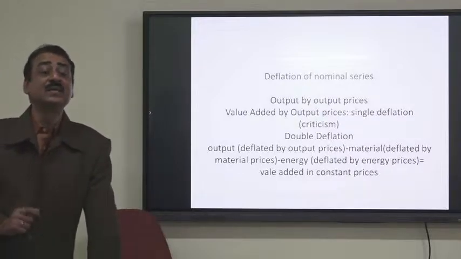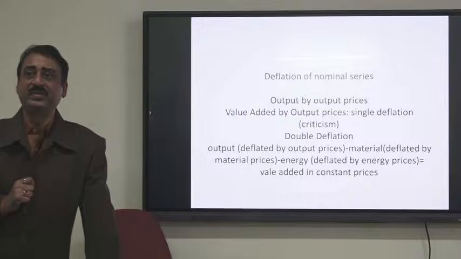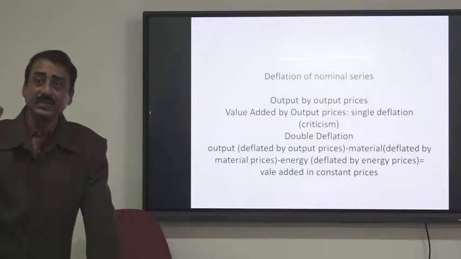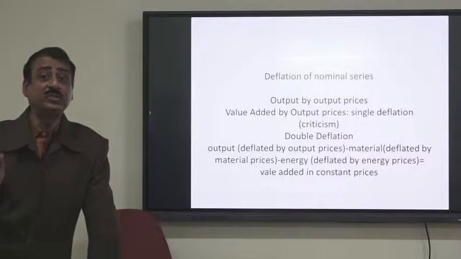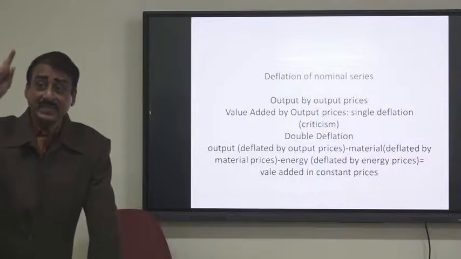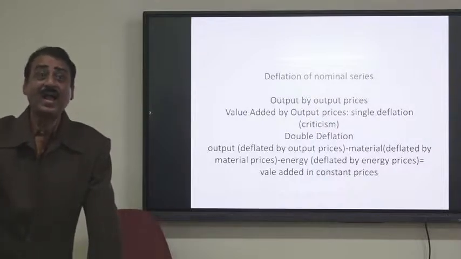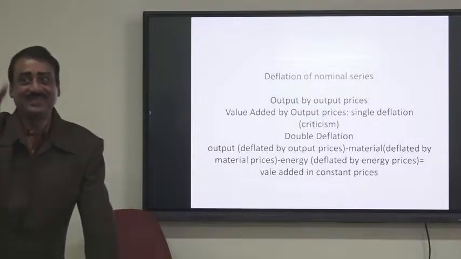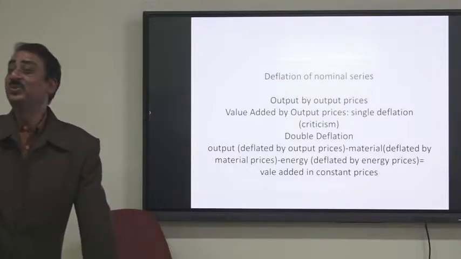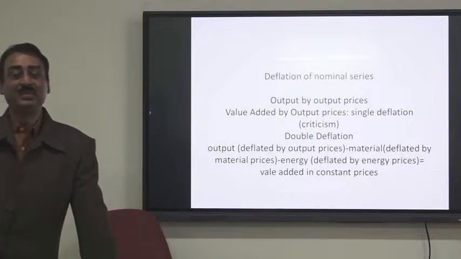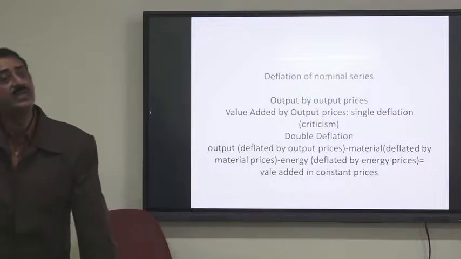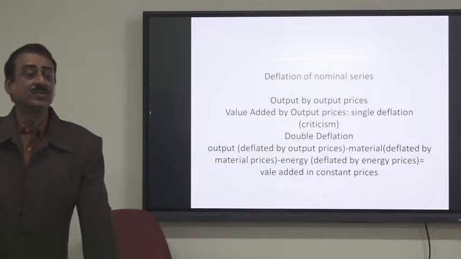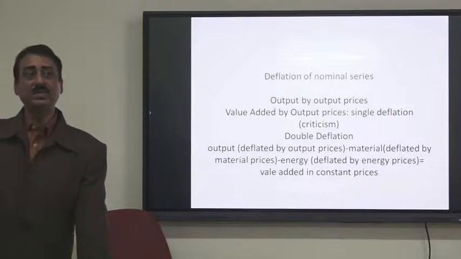There is a strong assumption involved. If you are considering the output price series to deflate the value added series, you are assuming that the material prices and the value added prices have moved at the same pace, which is not correct. Material prices might have moved at a different pace. So the double deflation method can be more appropriate.